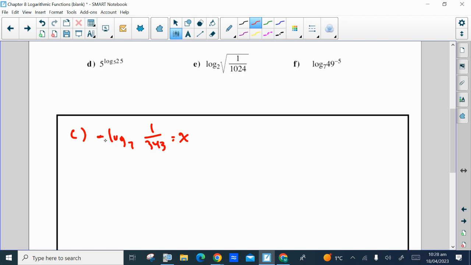But we have a negative sign here. So 7 to what power is 1 over 343. That's what it's really asking. But we have a negative sign here, so we'll make the 1 over 343 negative. Okay. 7 to the power x would equal negative 1 over 7 cubed.